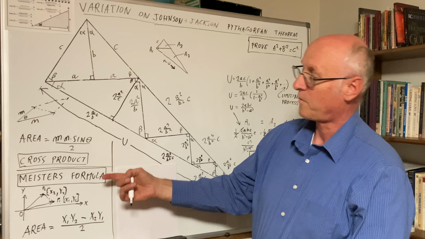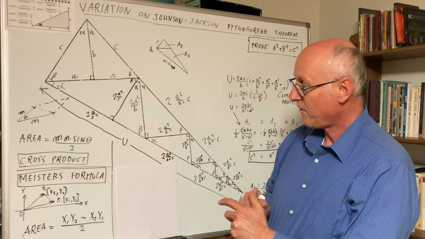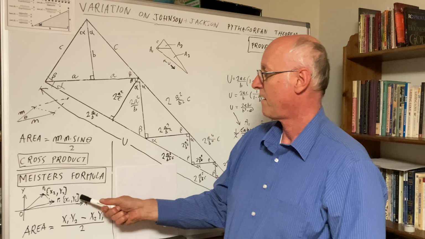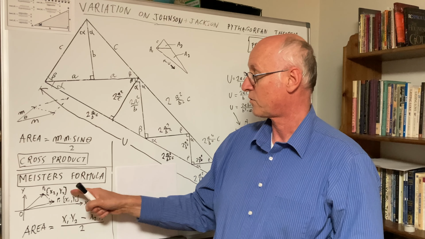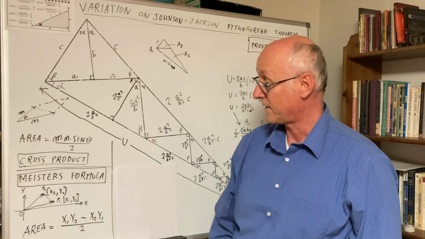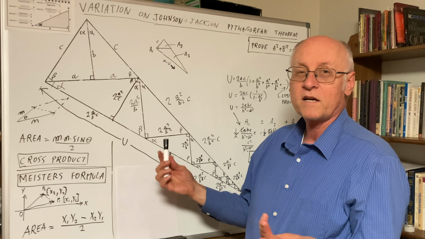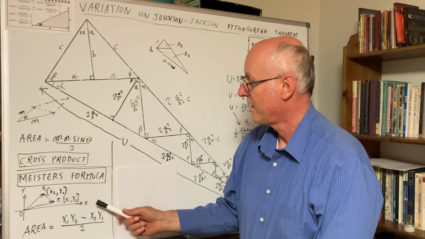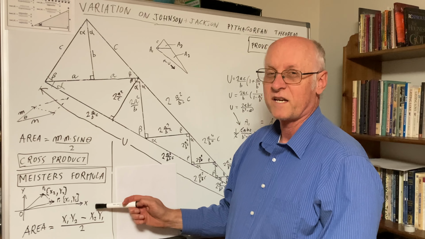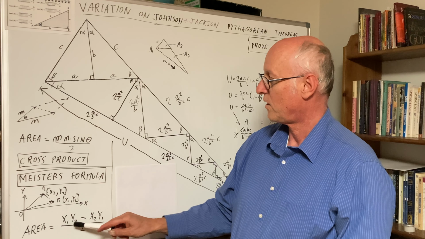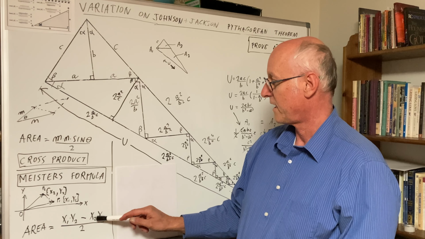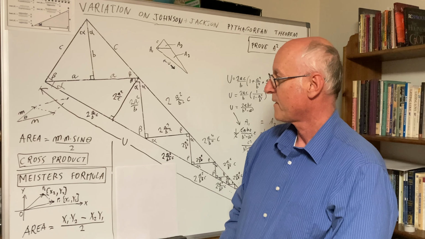Meister's formula is very useful if you have the exact coordinates x1, y1, and x2, y2. So we have 2 points. And this is a cross product. Well, it's a determinant. It's 1/2 of a determinant, x1 y2 minus x2 y1.